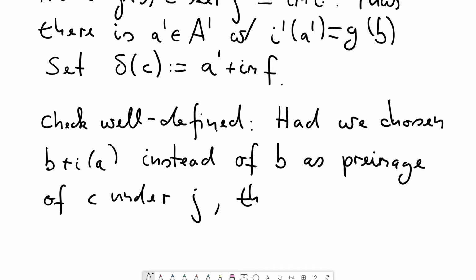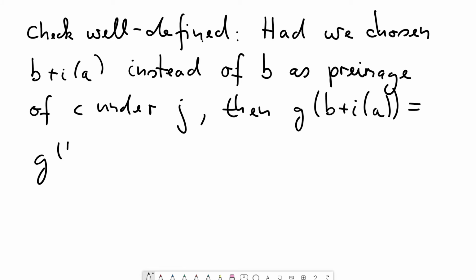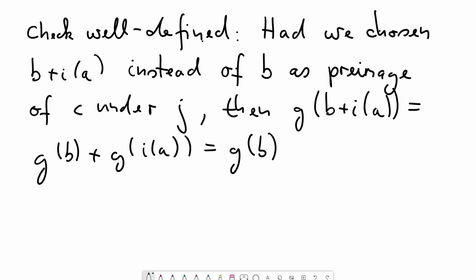Then, what happens to this element if we follow the procedure of constructing the homomorphism delta? Well, we apply G to this element, so G of B plus IA. This would then be, by the homomorphism property, G of B plus G of IA. And now I copy G of B, and here I use commutativity of the square, of the left-hand square actually.